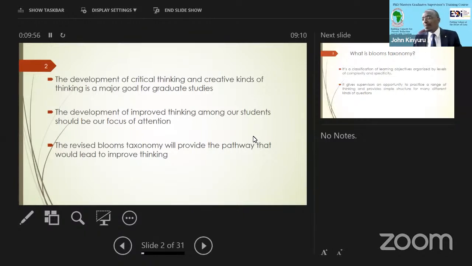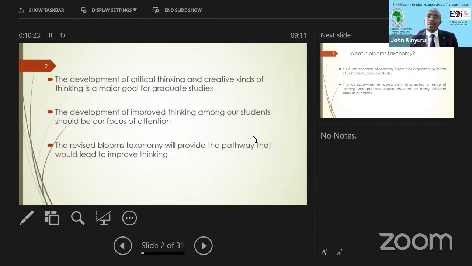People who can stand before a congregation and actually argue the pros and the cons of a certain topic or their areas of specialization. So graduate level is really where we want to improve the focus of our students to be able to start thinking critically and creatively.